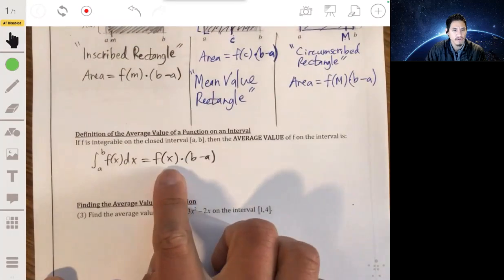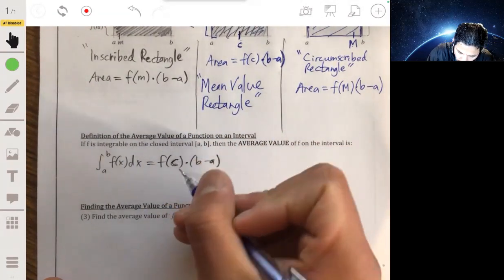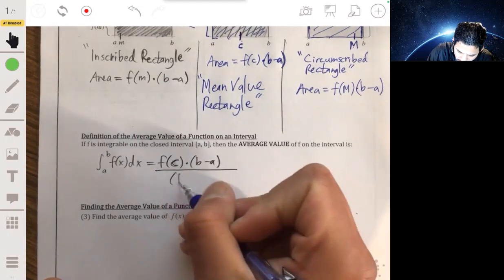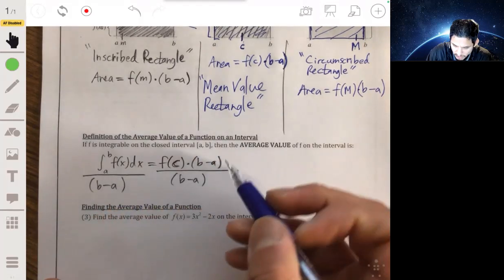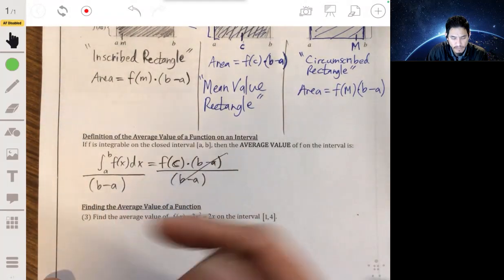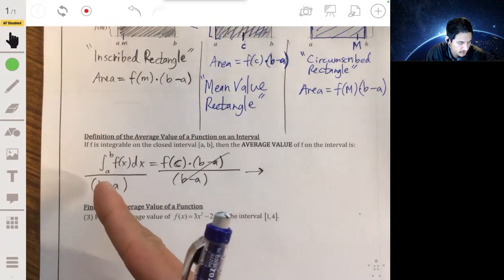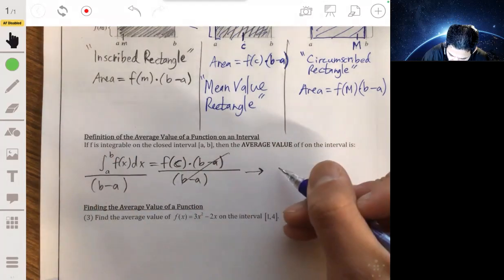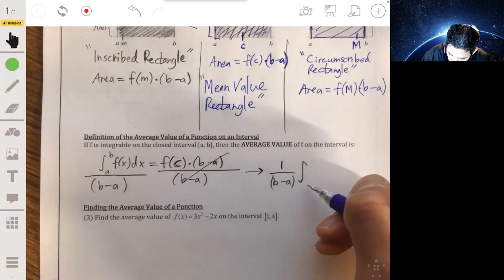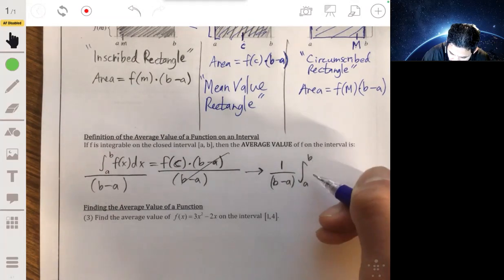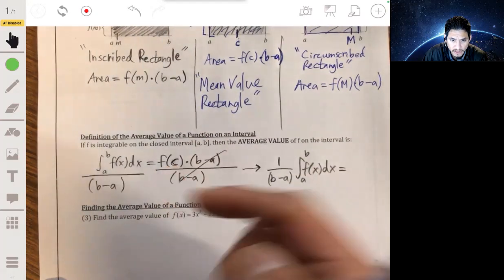If I want to get f of c by itself, I divide both sides by b minus a. Approach it just like you would in algebra. This is rearranged to be 1 over b minus a times the integral of f of x dx, and that is equal to what you have left on this side, f of c.